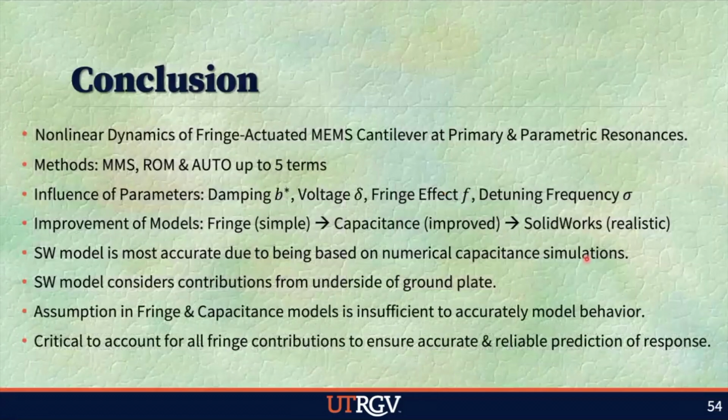In conclusion, we determined that the SOLIDWORKS model is the most accurate since it's based on numerical simulations and considers fringe contributions from the underside of the ground plate. The assumptions made in the fringe and capacitance models, in which the electrostatic force was simply neglected, are not enough to accurately model the behavior of a fringe-driven MEMS cantilever.